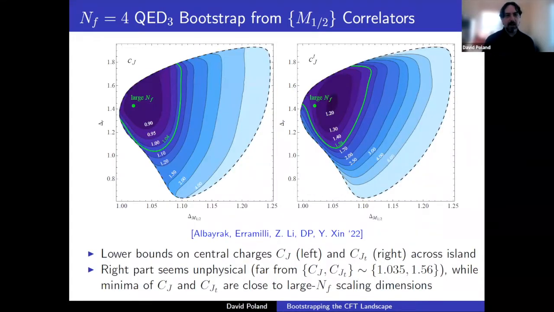Okay, and we checked whether that story is consistent by computing more bounds on these central charges. The left plot shows the SU4 current central charge, and these are contour plots. The lower bound on that central charge is also close to its large N estimate and a little bit lower than it in this region, and similarly for the topological current central charge.